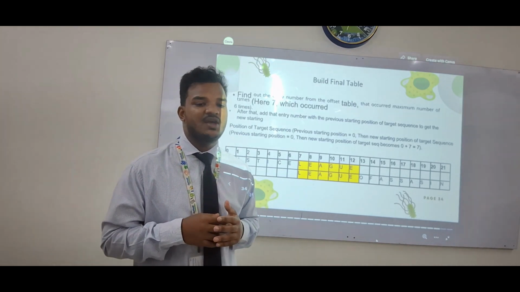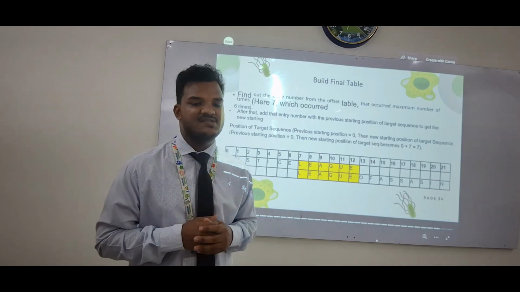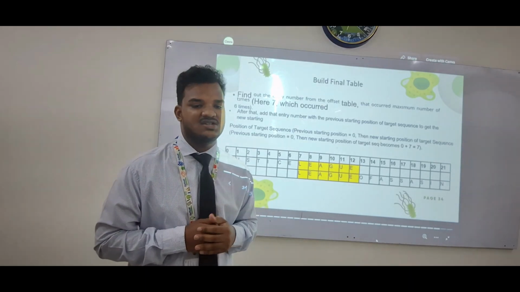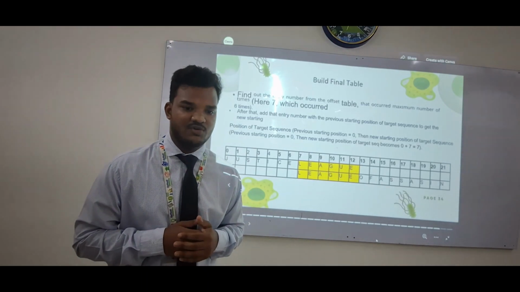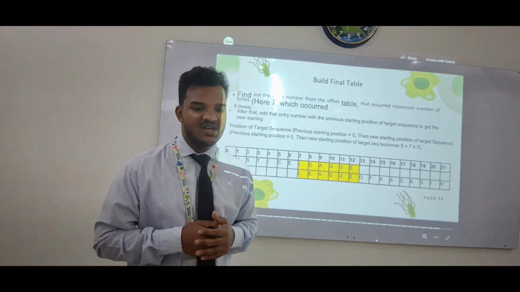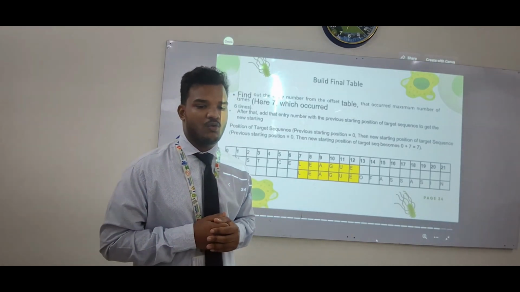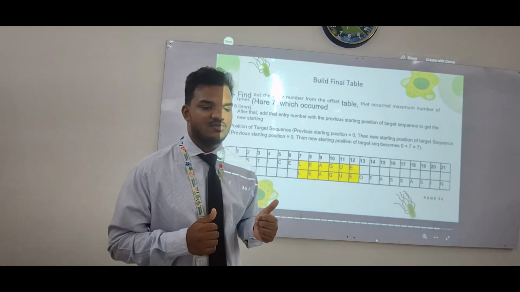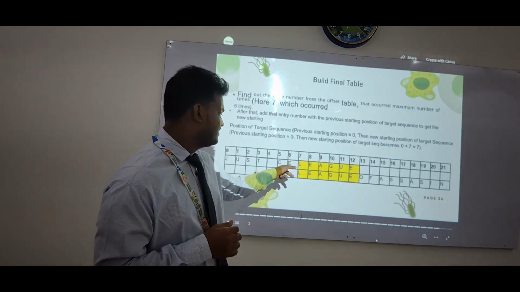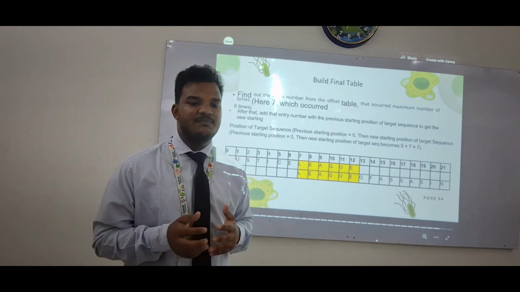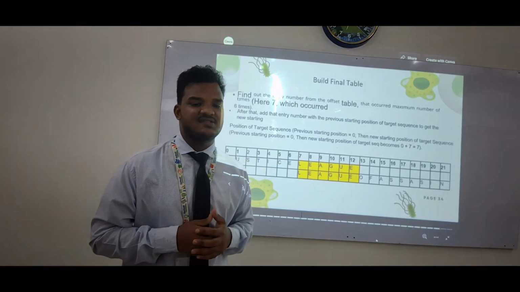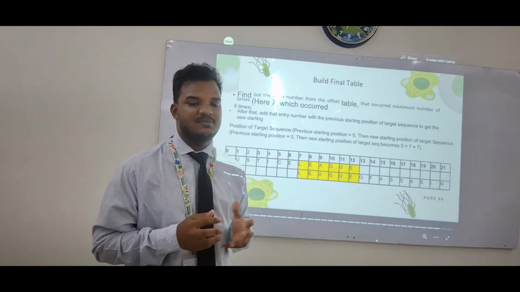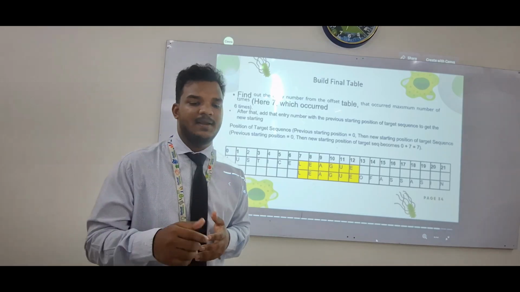To determine exactly where the sequences align best, we add the maximum entry number to the previous starting position of the target sequence. Since our initial starting position was 0, our new starting position for the target sequence becomes 0 plus 7. This simple mathematical shift represents the region of highest similarity between the biological sequences.